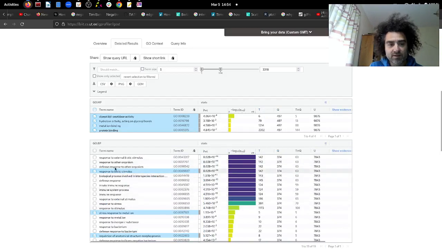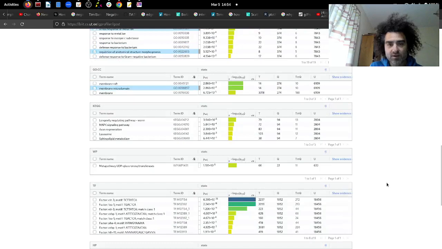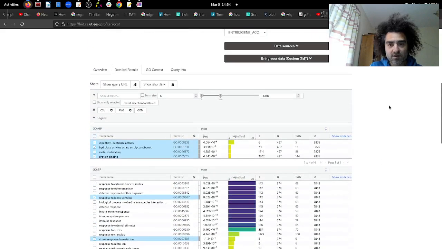Okay, now in this biological process, or maybe we'll go to the molecular function, which is here. Yeah, so there are only 9,000 genes that have a molecular function term. They are annotated. Now in my group, you remember I had 1,100, only 497 have a term related to molecular function.